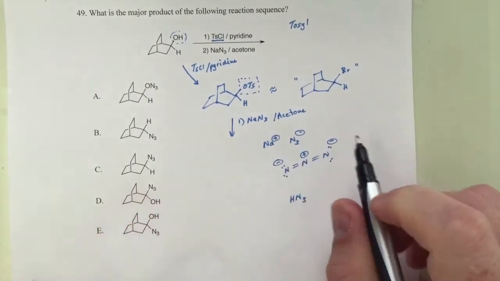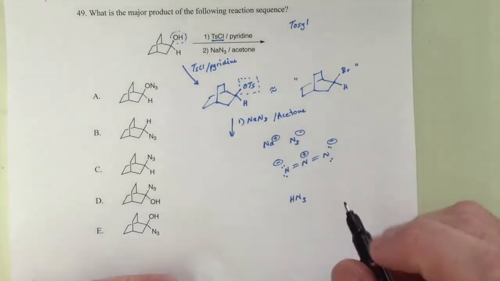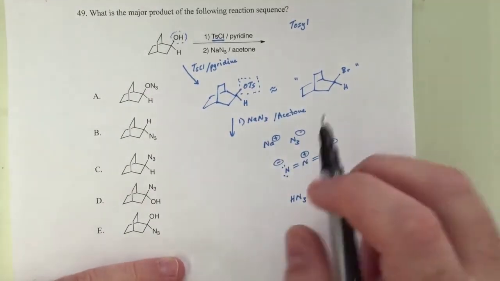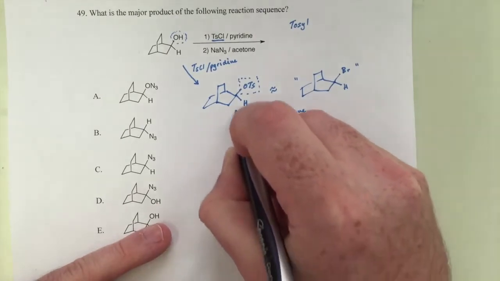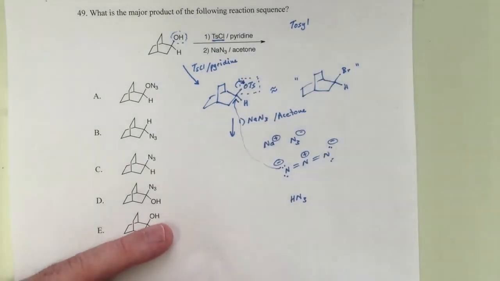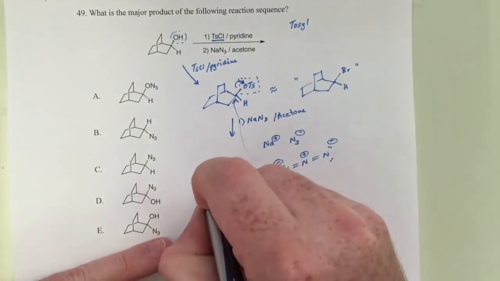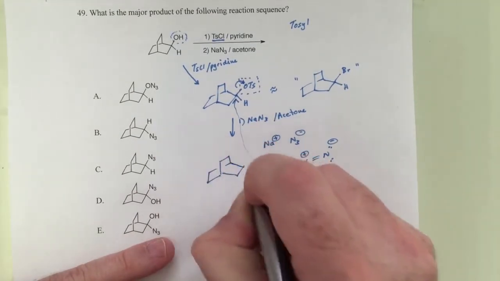It's not going to abstract a proton, but it could do something like a backside attack. And that is in fact what's going to happen here. We're going to have this nucleophile come in and attack the back, kicking off the OTs like that, and we'll get this.